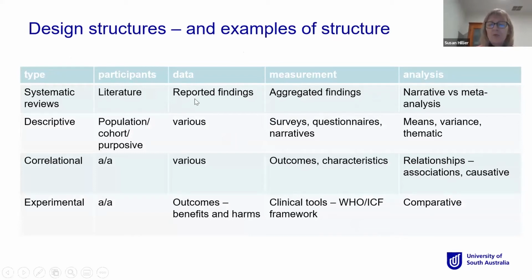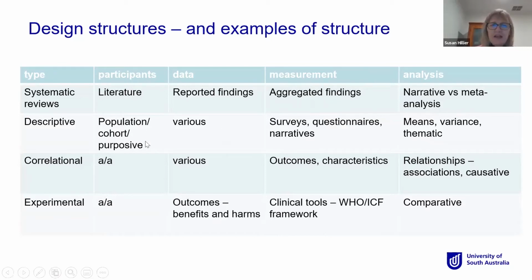And the data is the reported findings from the individual studies that are measured in terms of aggregated findings. And the analysis may take the form of a narrative synthesis, but it could also be a meta-analysis where, for example, the effects and the measurement errors and deviations can be combined in a meta-analysis and reported in the aggregate.